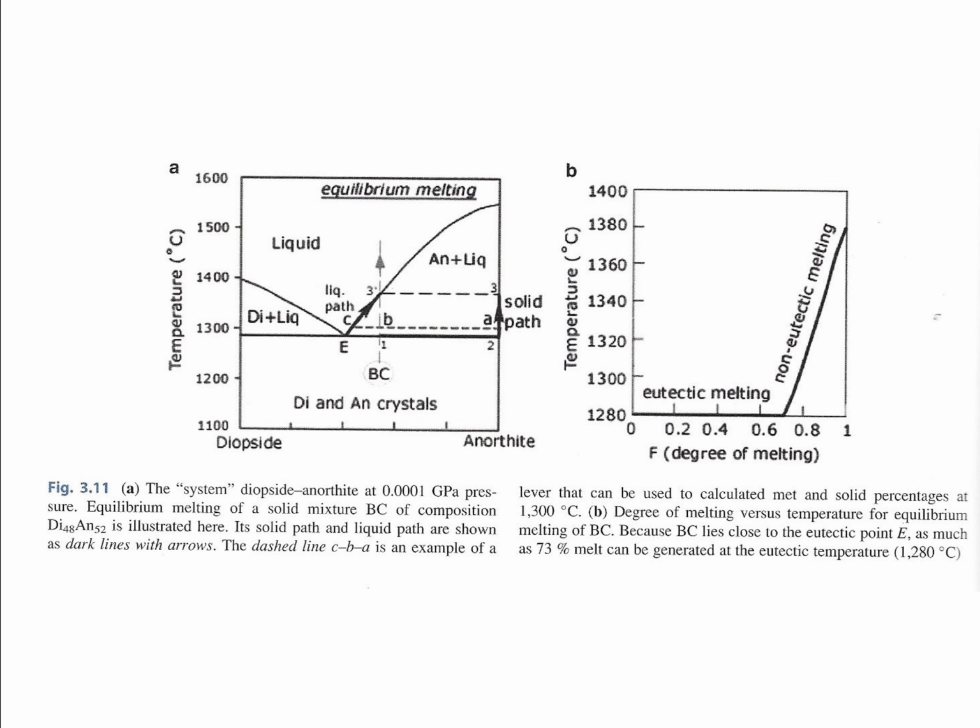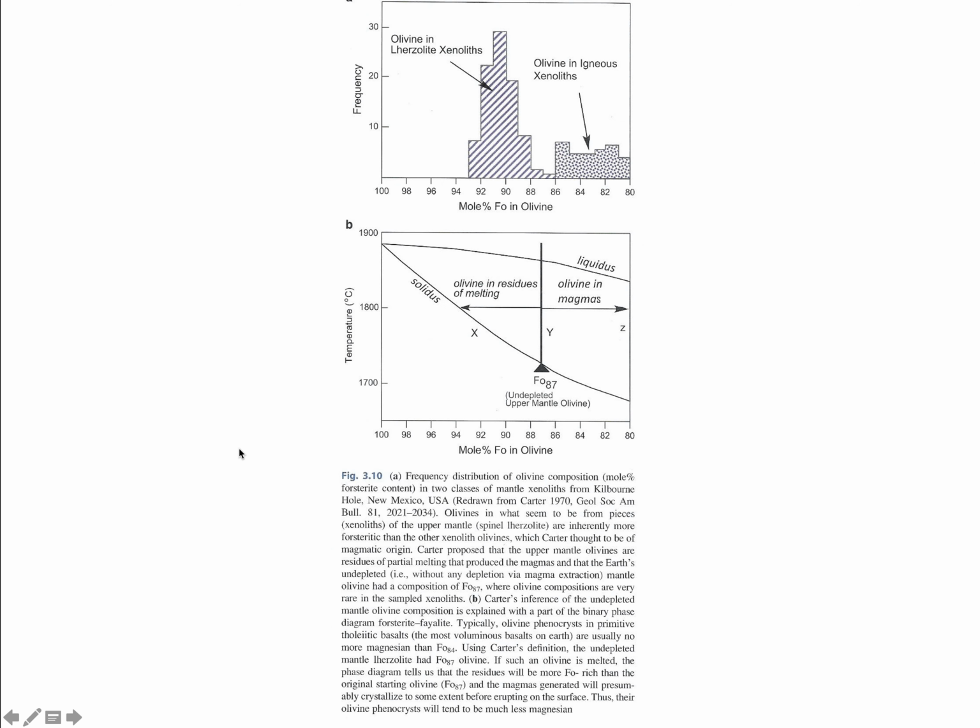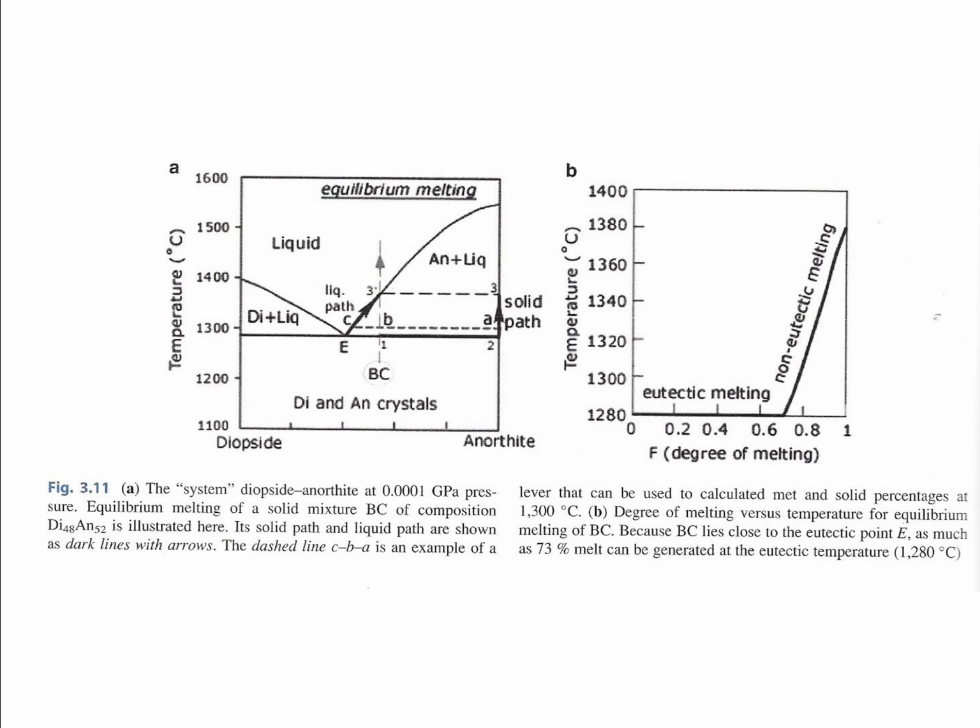So here we have another nice diagram. On the y-axis again the temperature, on the x-axis the composition between diopside and anorthite. Here we have diopside, and diopside, you know this by now, is a clinopyroxene with the mineral end member composition CaMgSi2O6, whereas anorthite is CaAl2Si2O8, and that is a plagioclase.